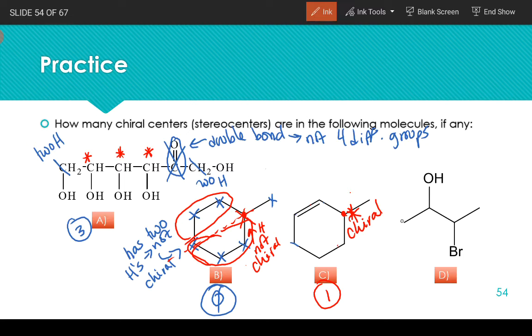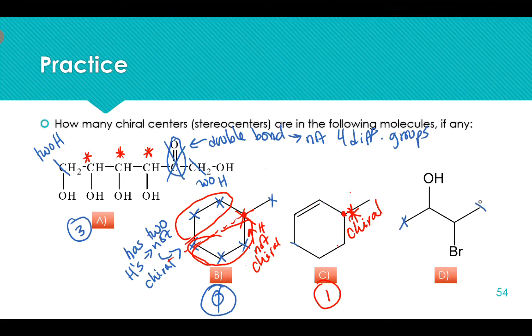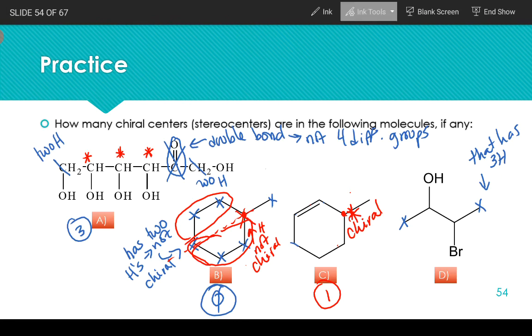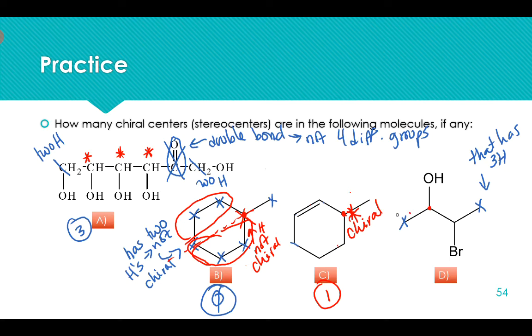This one, we can eliminate the terminal ones because each of those has 3 hydrogens. That has 3 H's. Now let's look at the remaining carbons. This carbon here has 1, 2, 3, and then a 4th hydrogen. So that one is chiral.